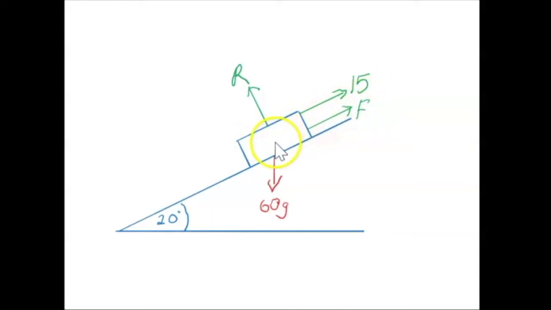So at the minute we've got a diagram like this, but we know any movement is up or down the plane. So we want all forces either parallel to the plane or perpendicular to the plane.